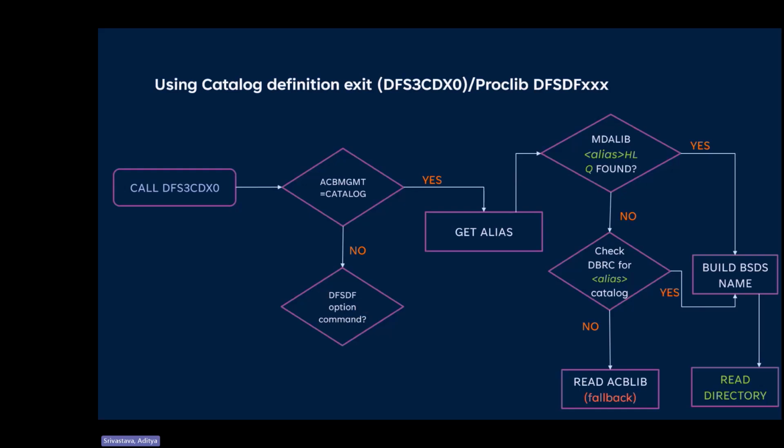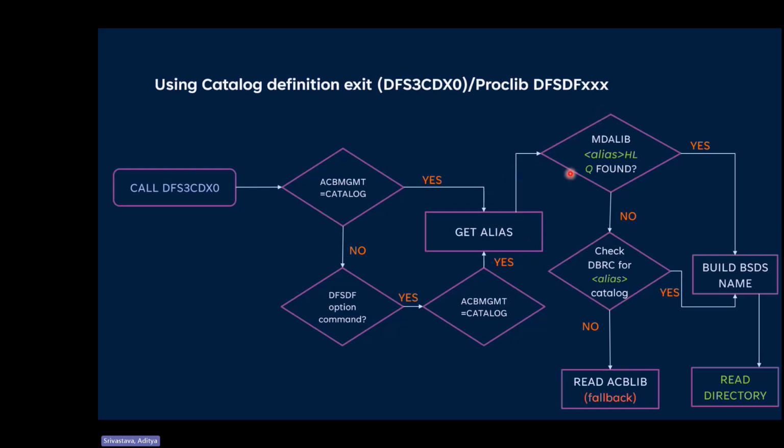Now let's see, if you have found your DFSDF123 member, and you have seen that the section for the catalog in that PROCLIB member has ACB management as catalog, and if it is catalog, then get the alias name and go through the same route you have gone earlier.